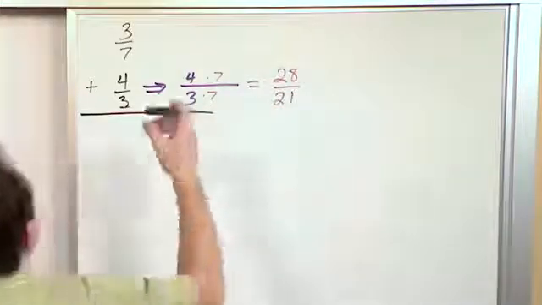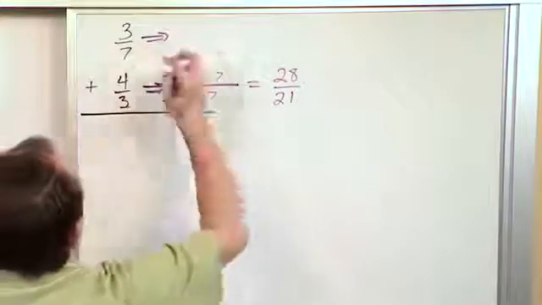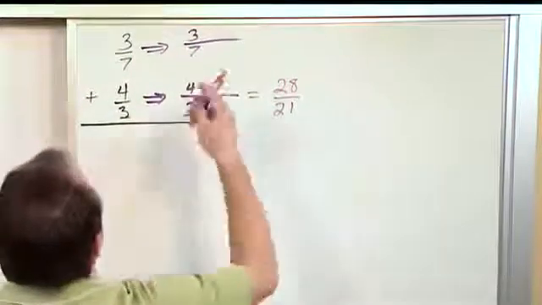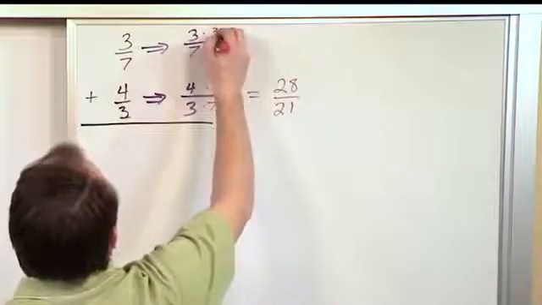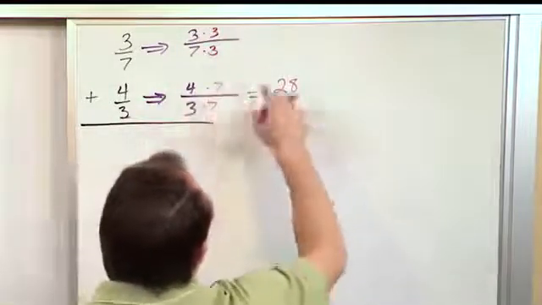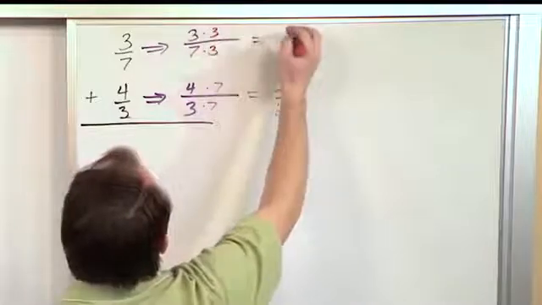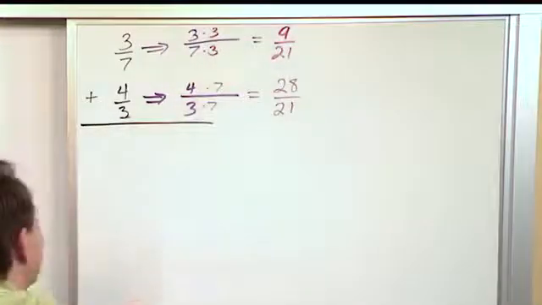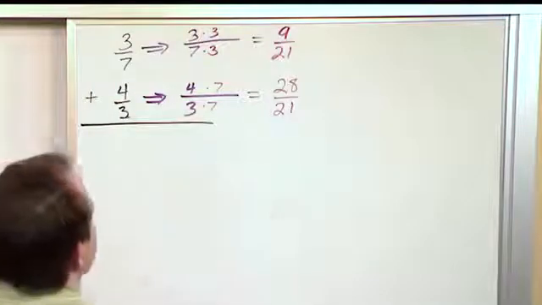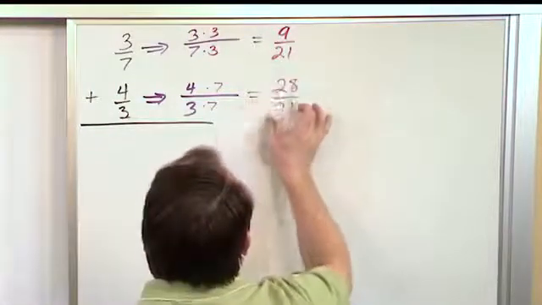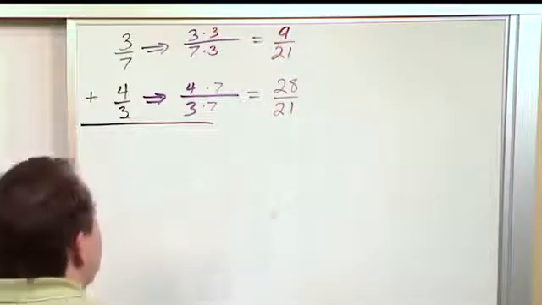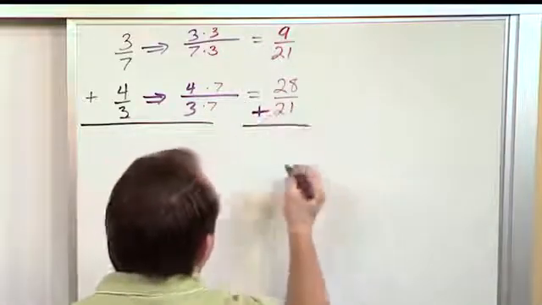And then over here, I'm shooting for a common denominator of 21, so I have 3/7, and on the top and bottom, I'm multiplying by 3 in both cases, because I'm trying to get to a denominator to match over here. 3 times 3 gives me 9, 7 times 3 gives me 21. So notice what's happened is I now have fractions with the number 21 in the denominator of both. Right? And then I add these together because now they have a common denominator.